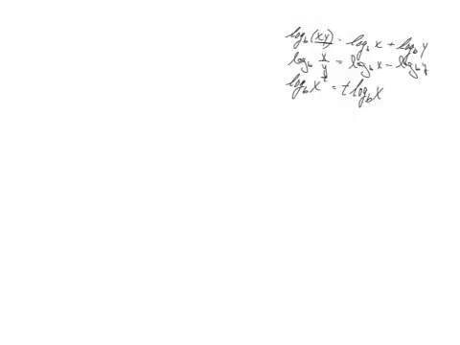So example 1 says expand using the properties of logarithms. So we have log 5 of 3xy over z. Alright, so that's a division, so we're going to use this one right there. So what's that going to look like?